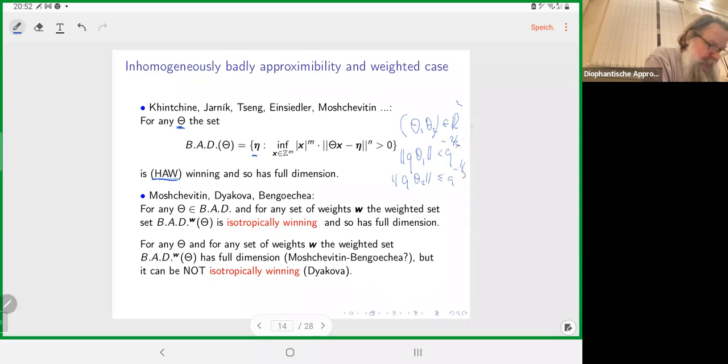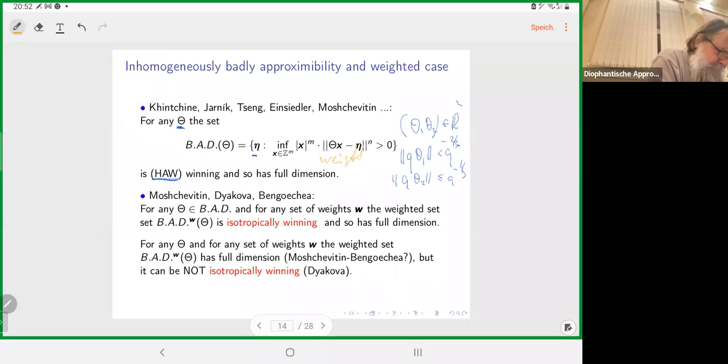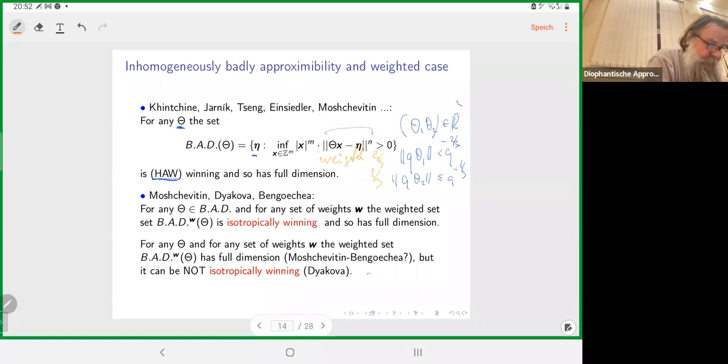So these are weights. In the general setting, we may consider a similar problem for systems of linear forms. We can put weights for the values of linear forms and for the values of coefficients.